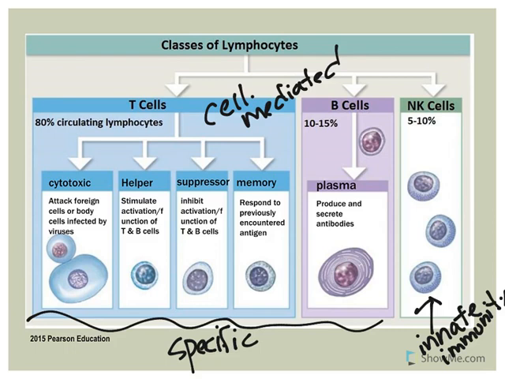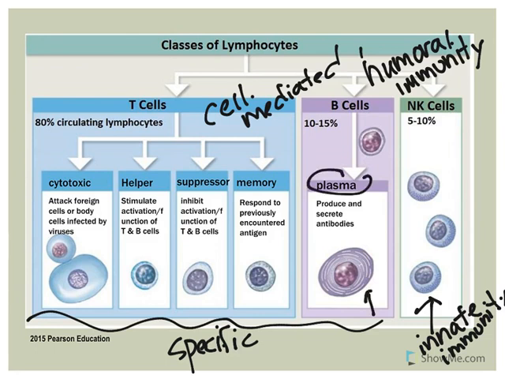Now, B lymphocytes, or B cells, are part of what we call humoral immunity, or antibody-mediated immunity. When B cells become activated, which requires these helper T cells, they will develop into what we call plasma cells.